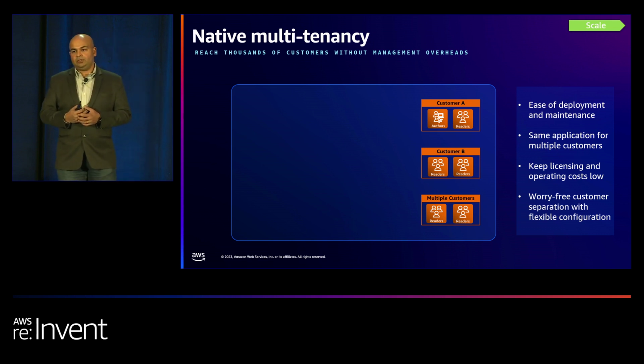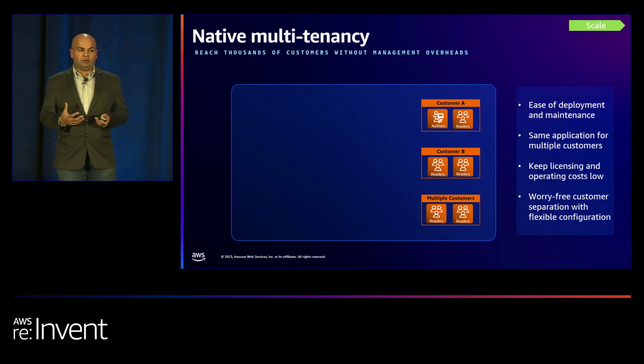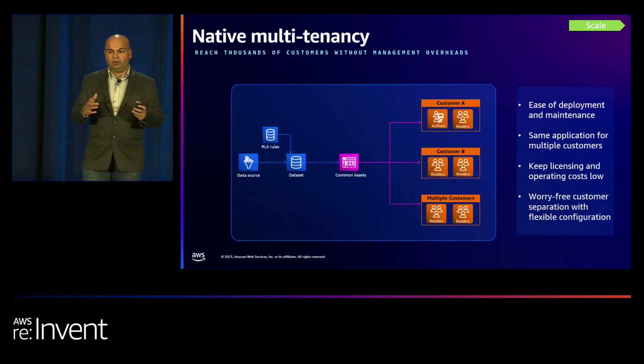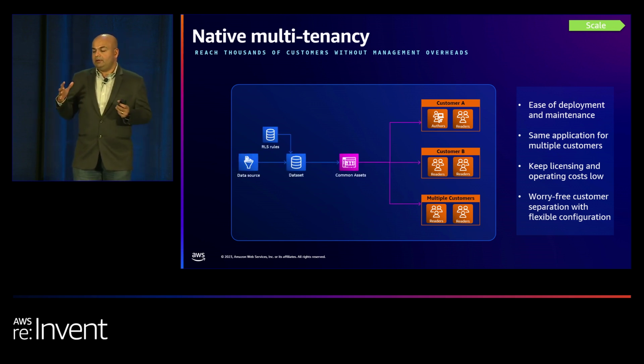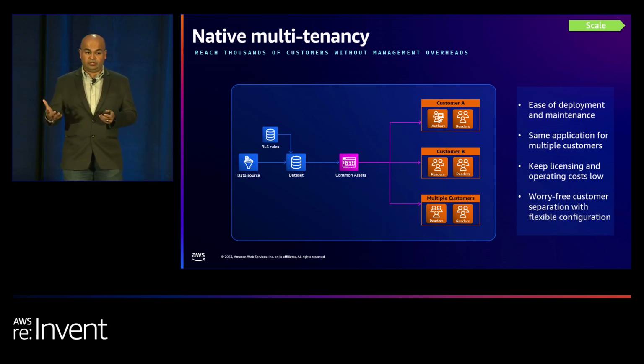Now, the combination of namespaces and row and column level security just means that you're able to architect QuickSight in a number of different ways. So you can have one set of assets which go out to all users, which are grouped by row and column level security so that users only see the content that they should.